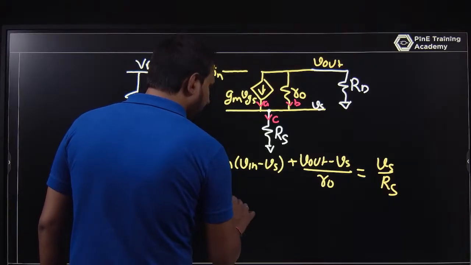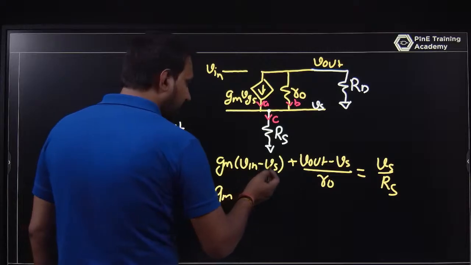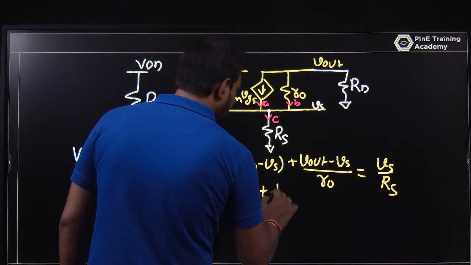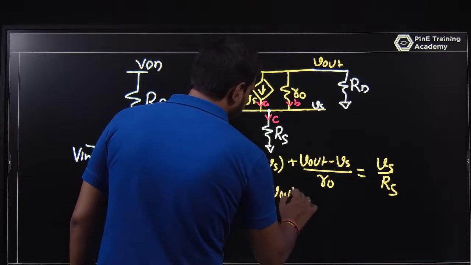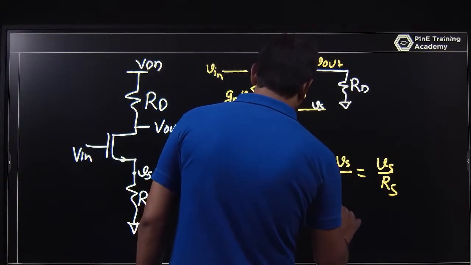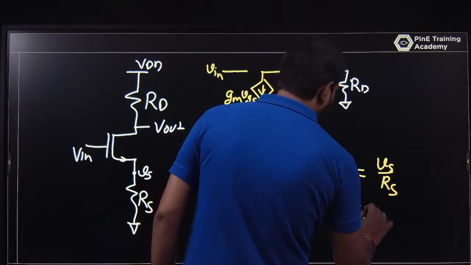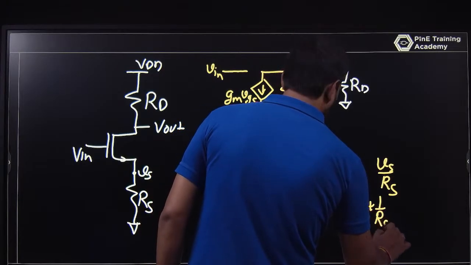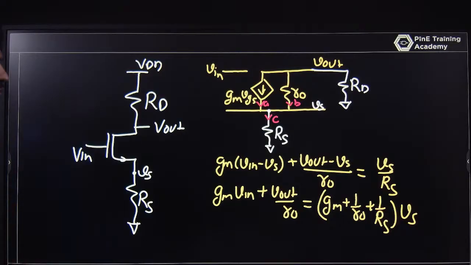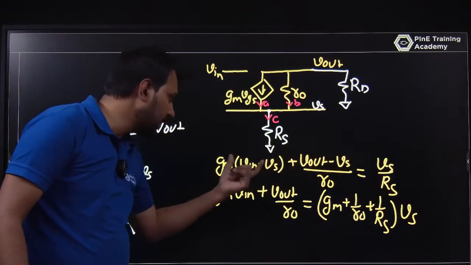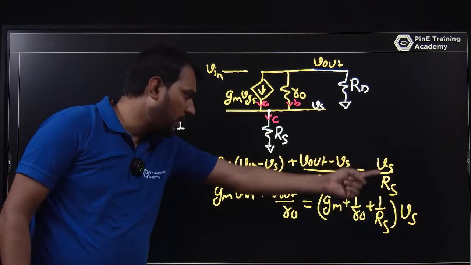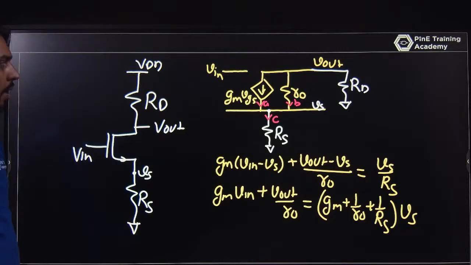Taking VS in one line, GM V in plus V out by R naught is equal to VS times GM plus 1 by R naught plus 1 by RS. This is the equation. I am just taking VS on the right side, and GM V in and V out by R naught on this side, minus GM VS and minus VS upon R naught on the other side.